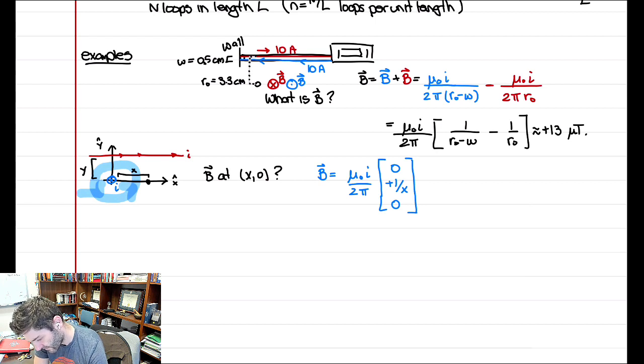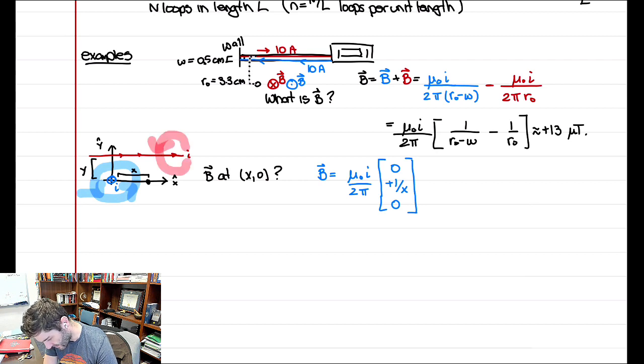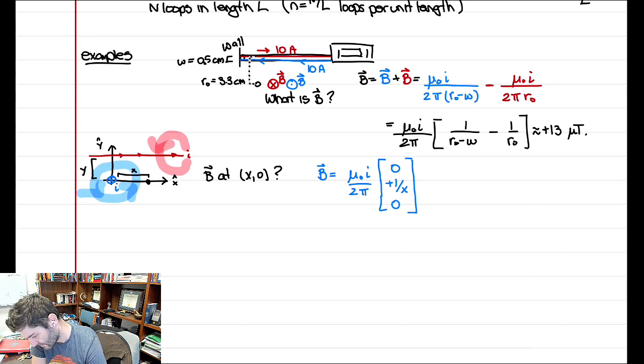It depends on the value of x, but it has only a y component at that point. Then, if I look at the red wire, right-hand rule, thumb along the arrows, fingers curl around. It's going to curl in front of the wire and then up behind in the back. So if I imagine where it is at that point x, it's going to be pointing into the page at that location, which we will take to be the negative z direction.